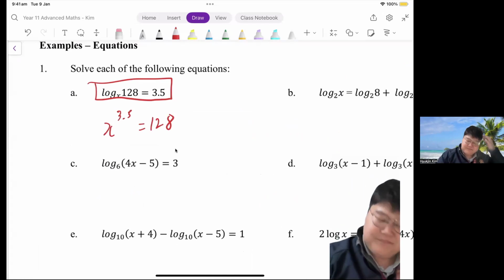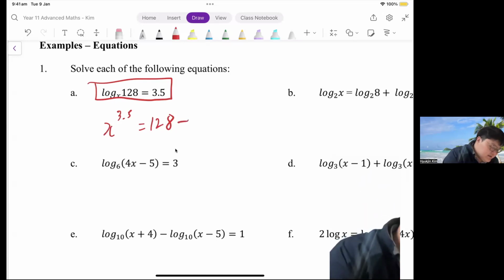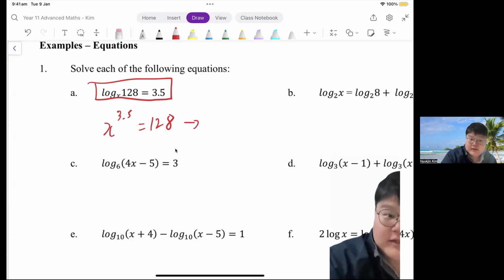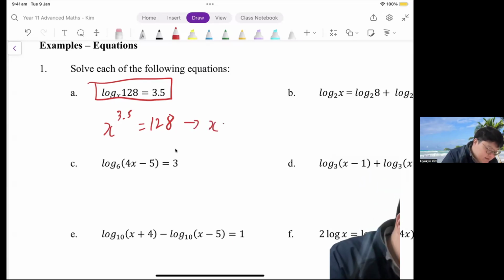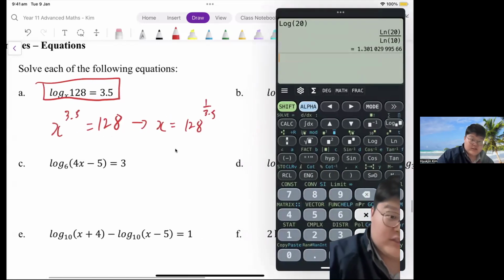If you realize, if x to the power of 3.5 equals 128, this is the same as saying, sorry, I shouldn't use two lines because you might think it's equals. x equals 128 to the power of 1 over 3.5, because it just works just like that.